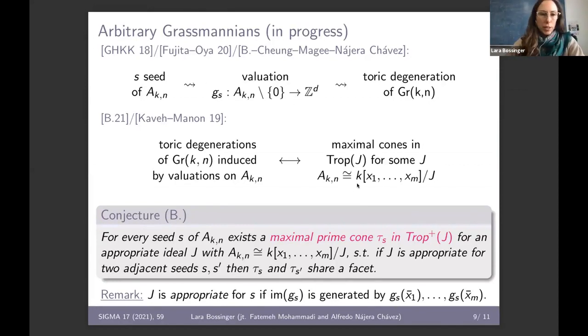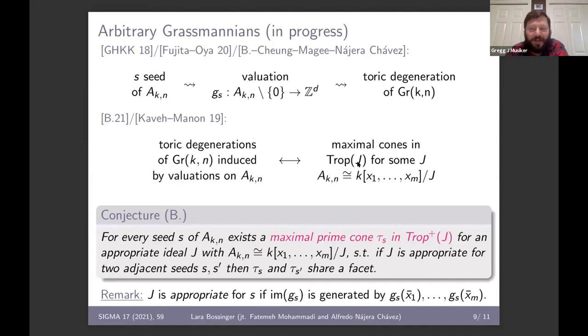But for the Grassmannian Gr(3,6) already, you can find some maximal cones in the tropicalization of the Plücker ideal that give you valuations that are not isomorphic to any of the seed valuations. So in general, the tropicalization is way bigger than the positive part. And even up to isomorphism, the positive part not necessarily recovers all the rest.